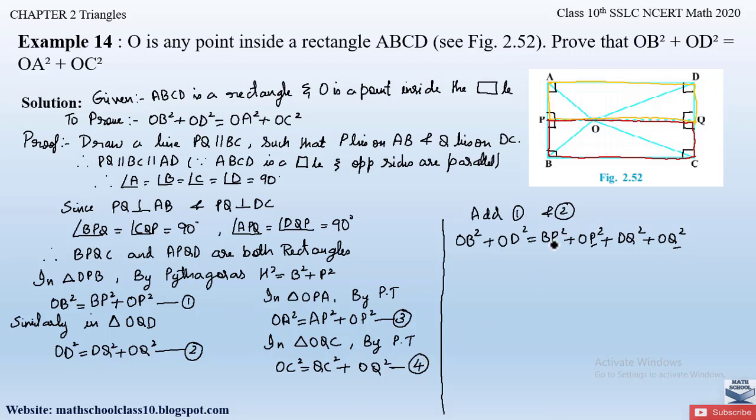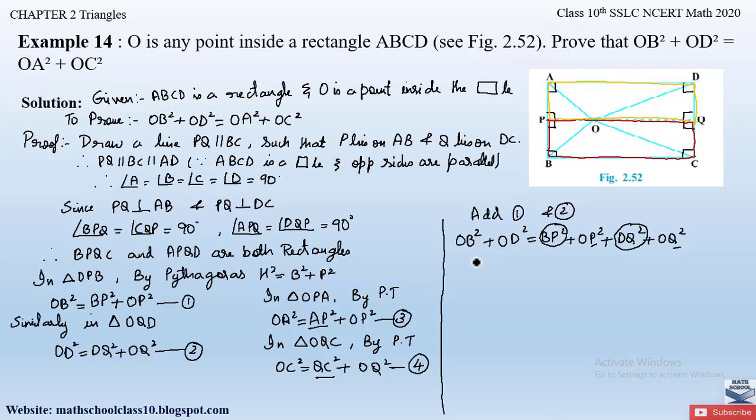But we have to eliminate this BP square and DQ square. Instead we should have AP square and QC square. So if you observe the relation between BP and QC, BP and QC are the sides in the rectangle BPQC which are opposite sides, and these two sides will be equal.